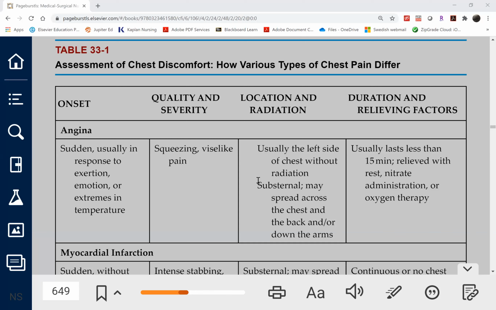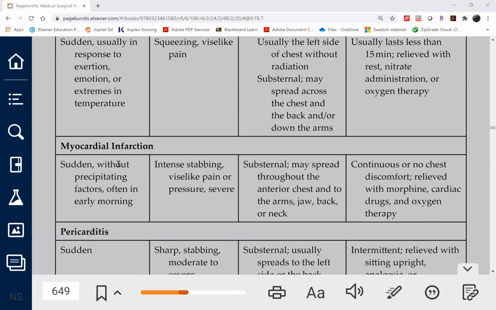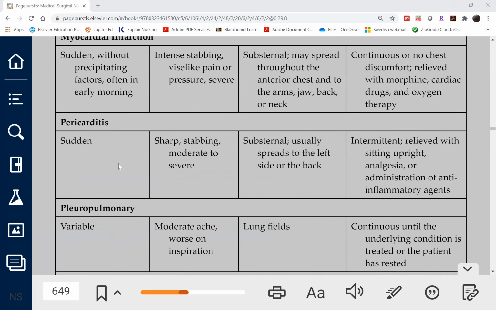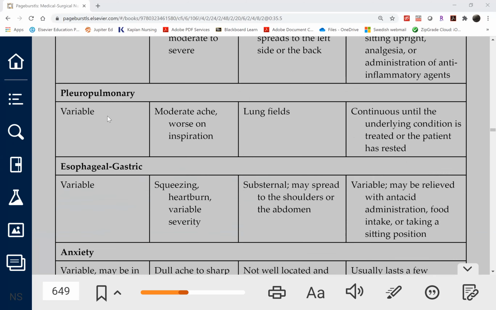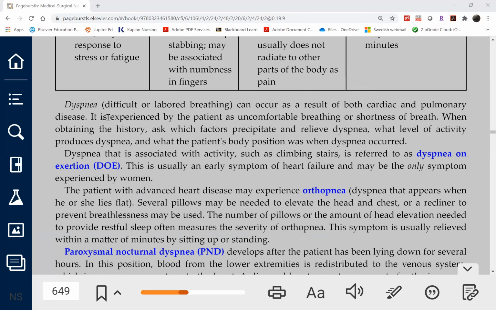So if there is not enough oxygen delivery, then the patient has symptoms, namely angina, or worse, an MI now. Then we have the rest, pericarditis. And the most common symptom here is dyspnea. Dyspnea, unfortunately, is not exclusive to heart disease. We see dyspnea in pulmonary disorders as well. In fact, we also see dyspnea in psychological disorders.